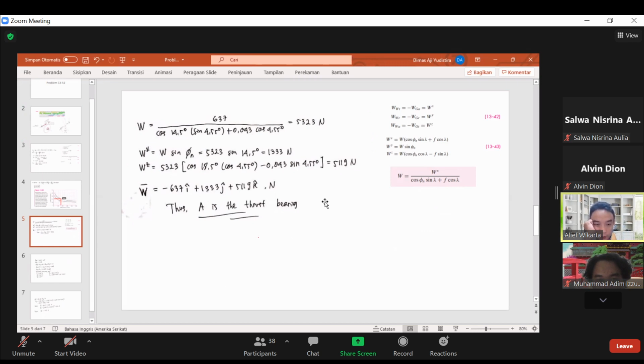W equal to minus 600 I plus 1,300 J plus 5,000 K. What's the relation? It is substituted into the equation, Pak, then we get this formula. No, 5,300 with the IJK, what is the relation? Is there any relation or not?